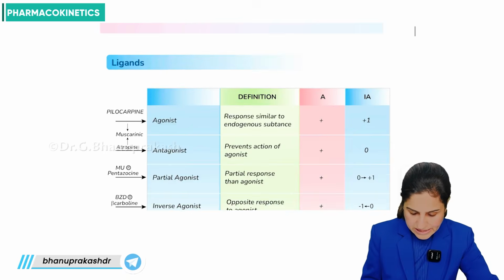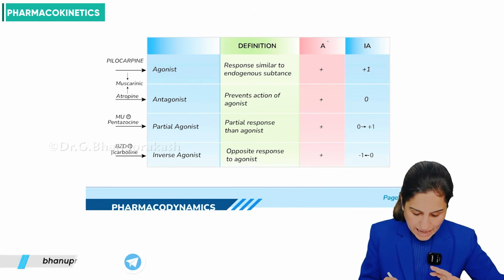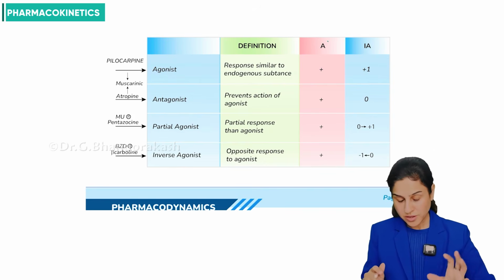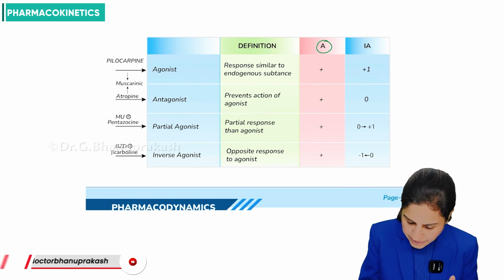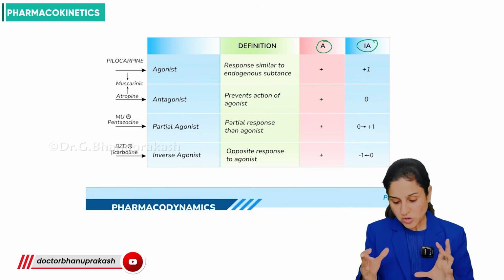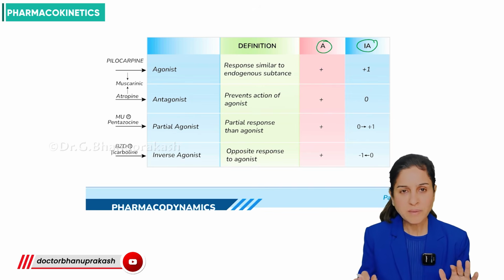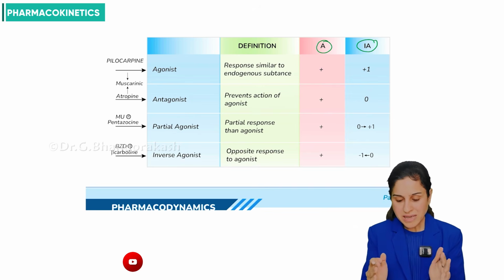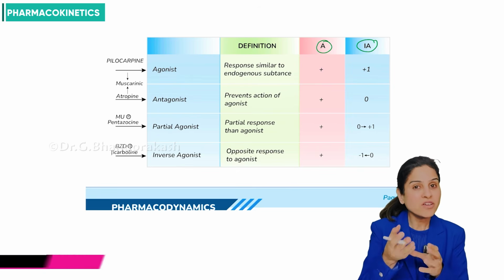Now let's just deep dive a little more here. So agonist, antagonist, partial agonist, inverse agonist, I have defined them. Now they can also be segregated in terms of affinity and intrinsic activities. How to differentiate them? All of them are going to have affinity. Affinity means how much they love the receptor. So all of them have an affinity for the receptor.